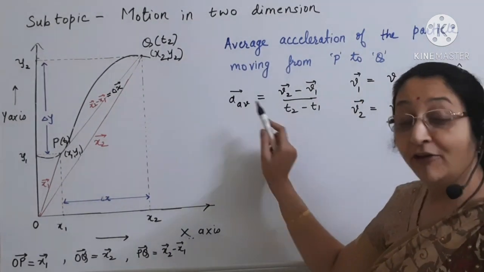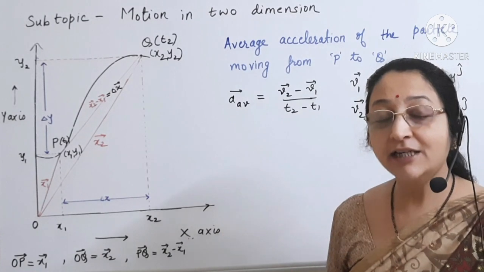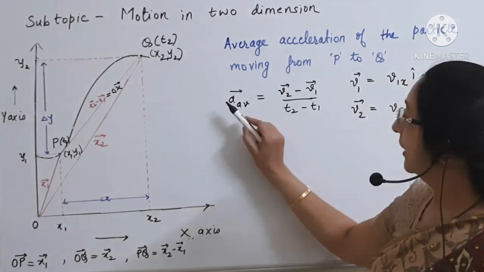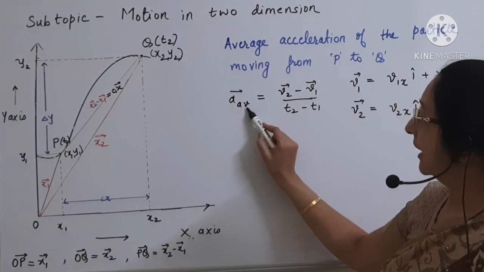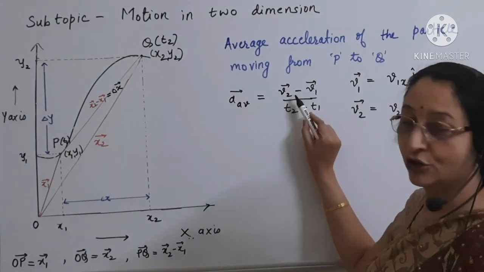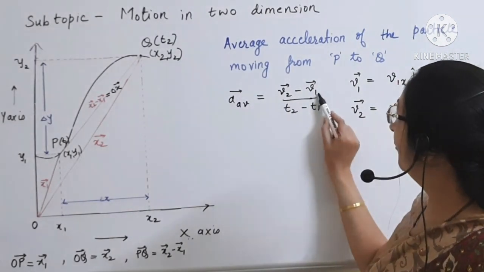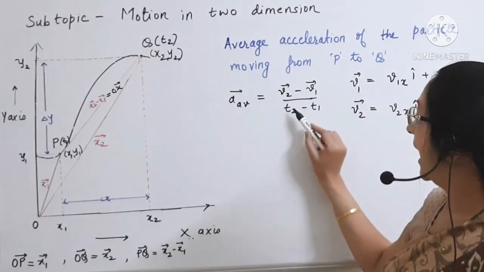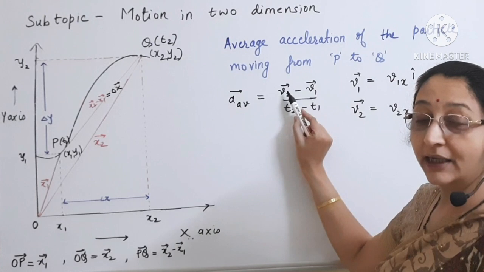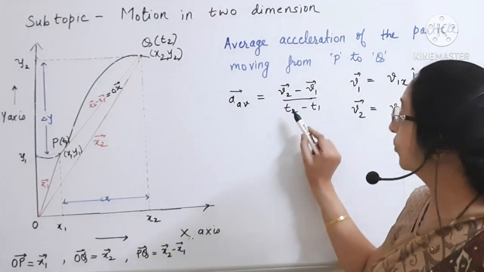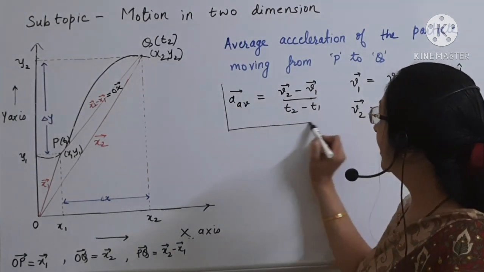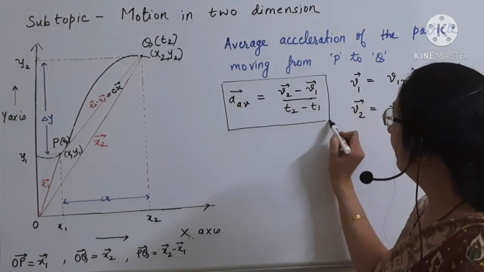So the average acceleration, vector A average, is (V2 minus V1) upon (T2 minus T1), where V2 is the final velocity at time T2 and V1 is the initial velocity at time T1.